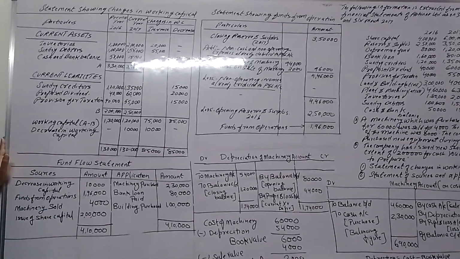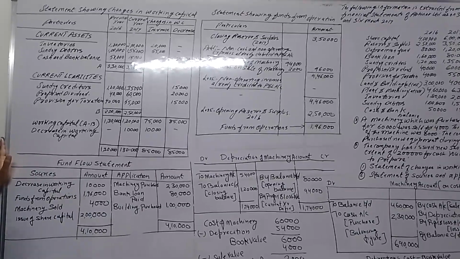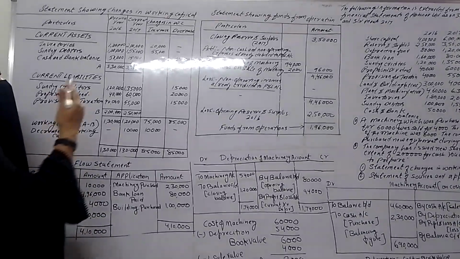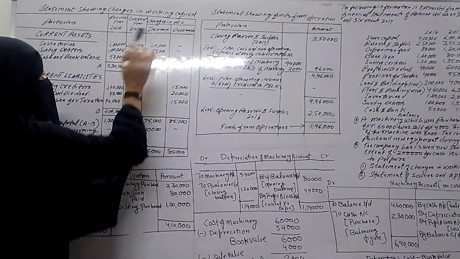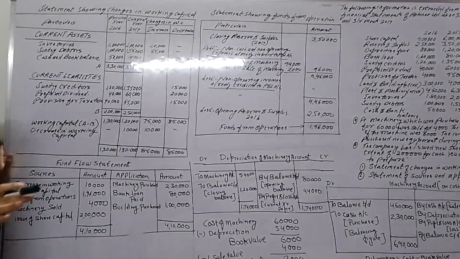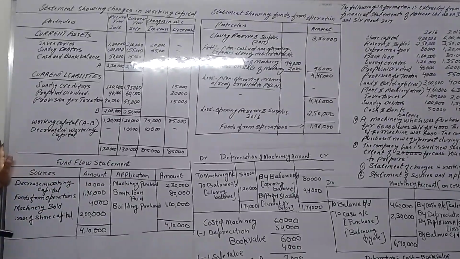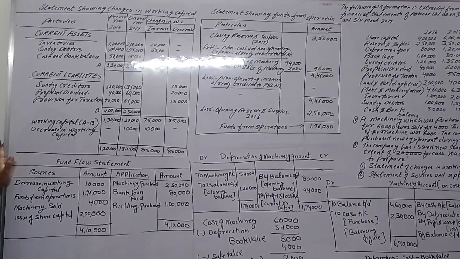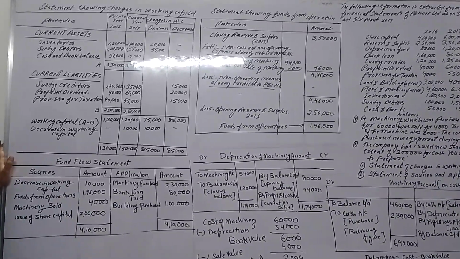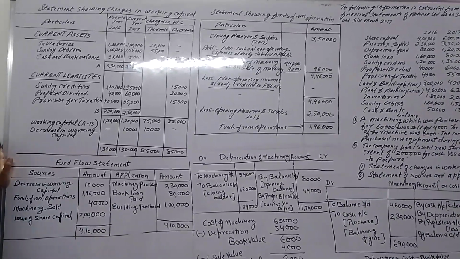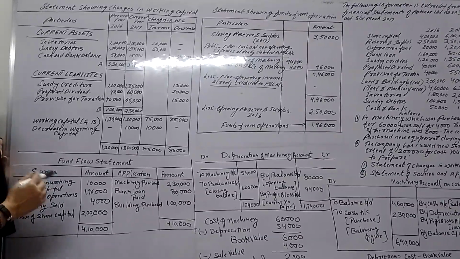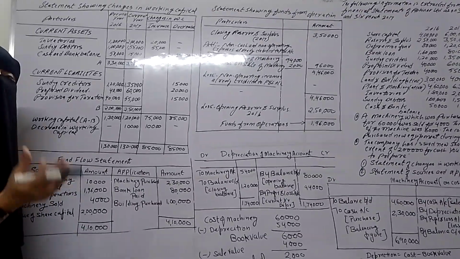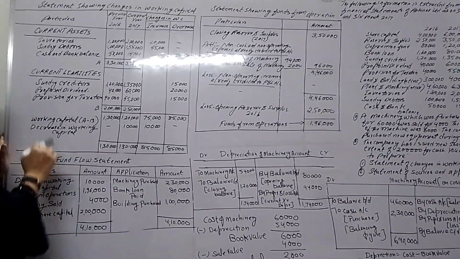Opposite we have to write in case of current liabilities. Whereas in case of current assets, if it is an increase, simply we write in the increase column. If it is a decrease, we write in the decrease column. But in case of current liabilities, we have to write opposite. If the liability is increased, we write in the decrease column. And if the liability is decreased, we write in the increase column.